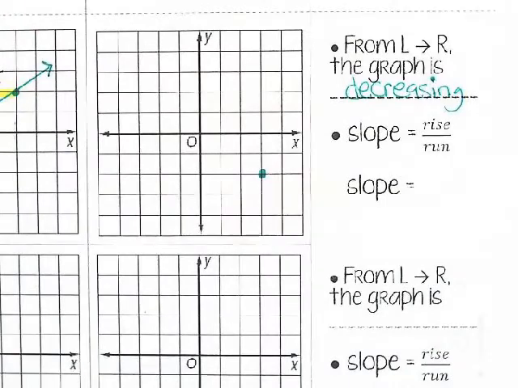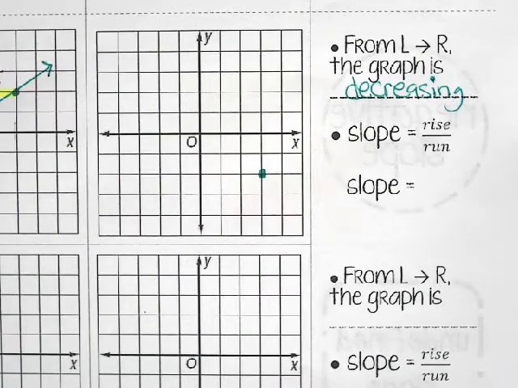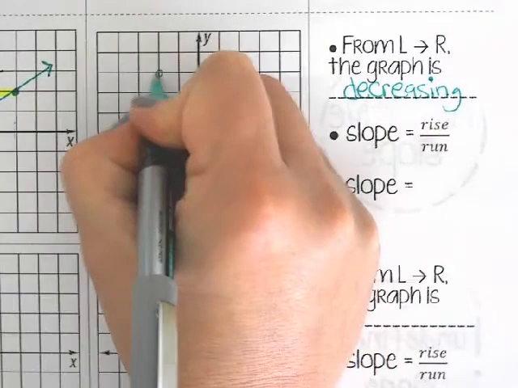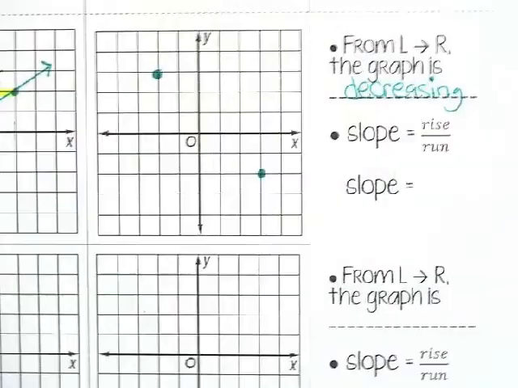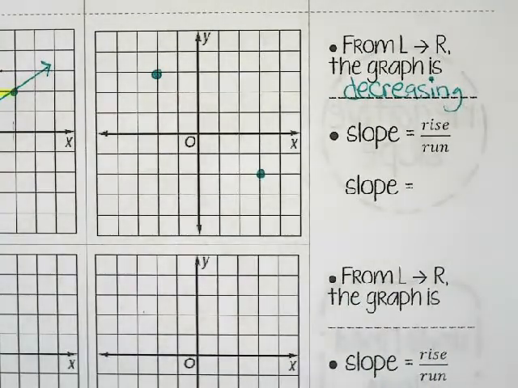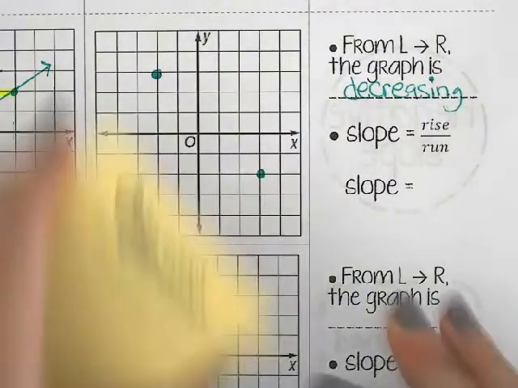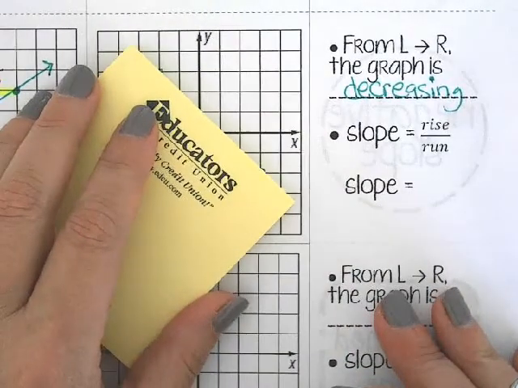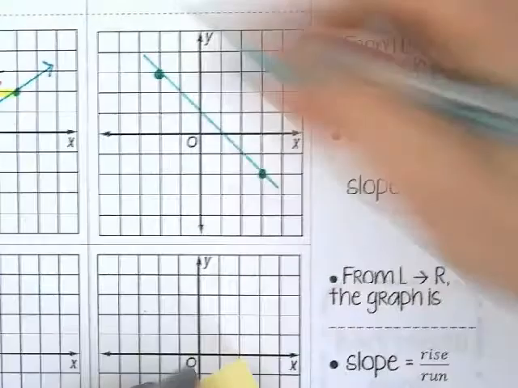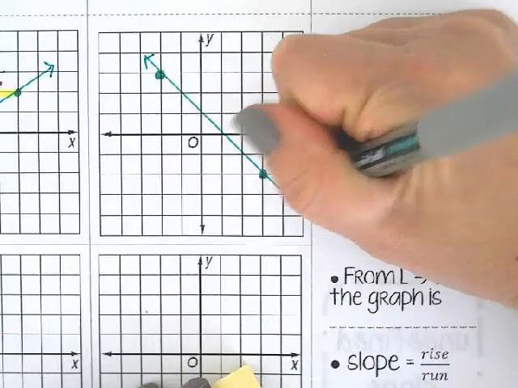And I am going to pick -2, 3. So I'm going to the left 2, up 3. I'm going to use a straight edge and draw a line through those 2 points. Put arrows at the end of my line.